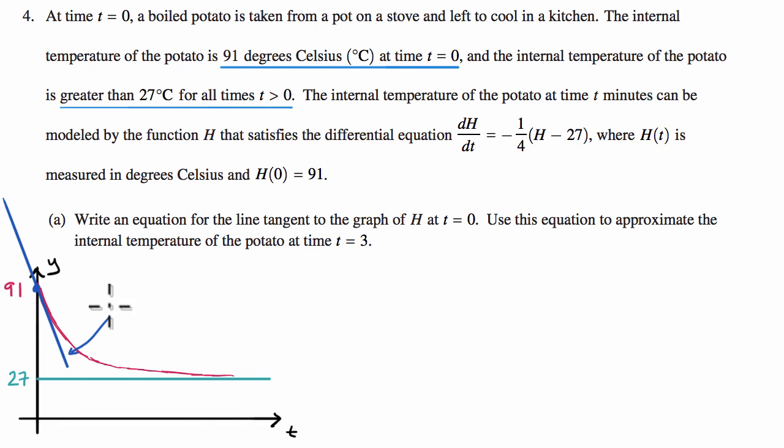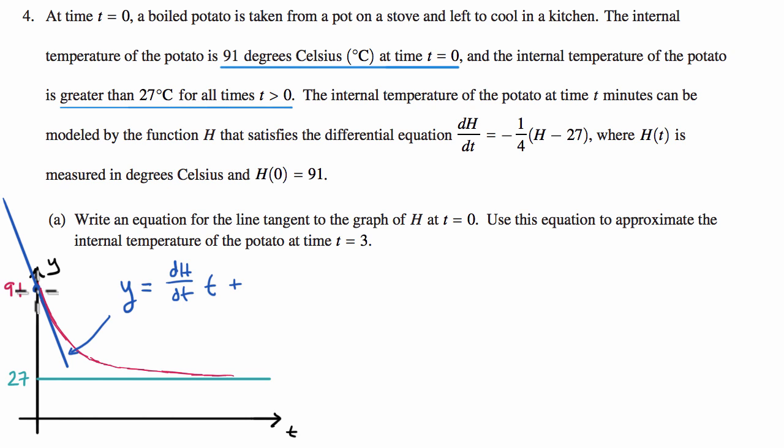So this thing would be of the form y is equal to the slope of the tangent line times t plus our y-intercept. Well, the slope would be the derivative of our function at that point, so dH/dt times t, plus our y-intercept. Where does it intersect the y-axis here?